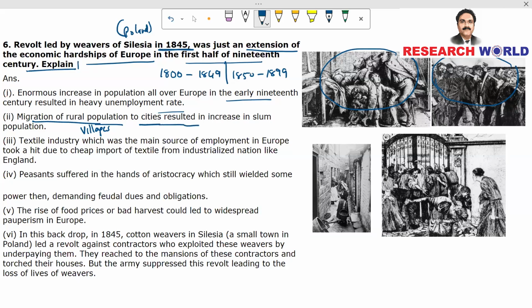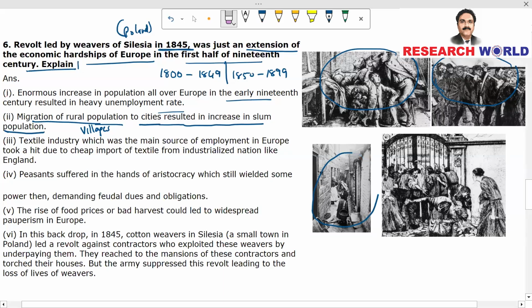Therefore, that resulted in an increase in slum population. You can see this kind of portrait here. That means very dilapidated, unsanitary conditions. They don't have a proper well-made house. So therefore there was an increase in slum population.